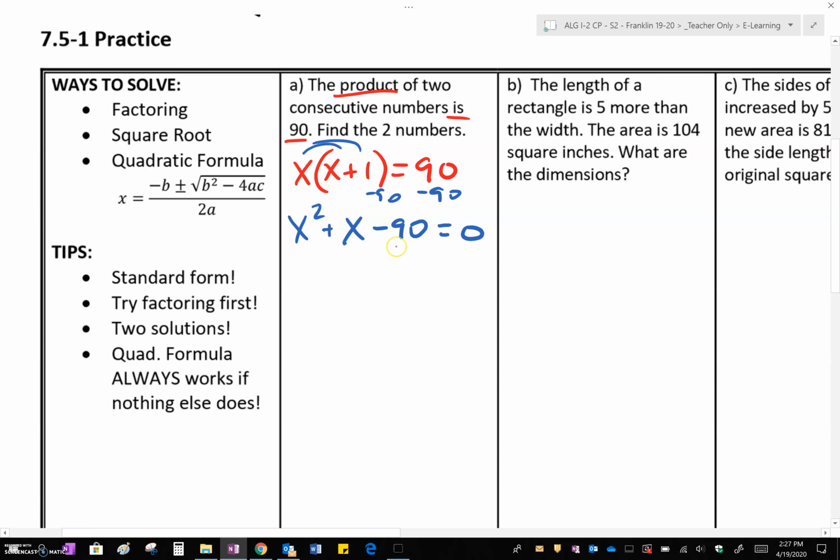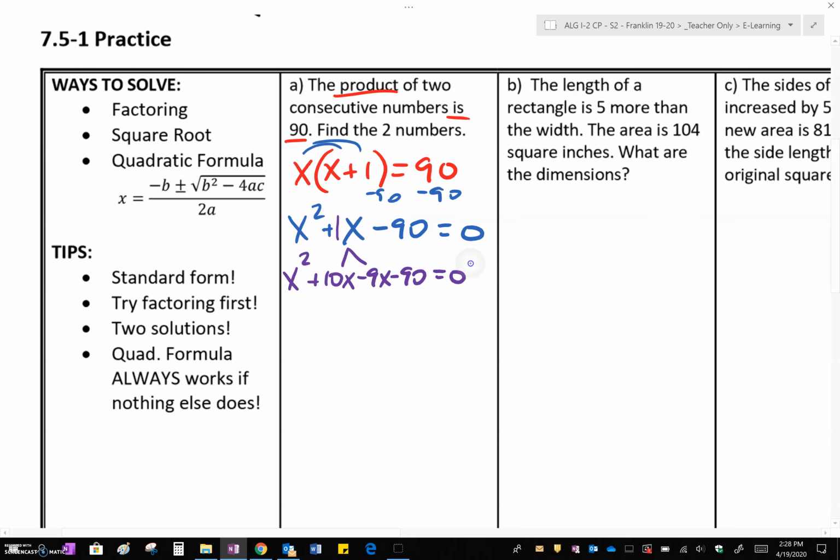So we need two numbers that multiply to 90 and add to 1, which are 10 and negative 9. So I'm going to use those. x squared plus 10x minus 9x minus 90 equals 0. So I'm splitting that 1x into 10 and negative 9. So if you can't remember how that works, check your notes from the factoring section of Unit 6, I believe.